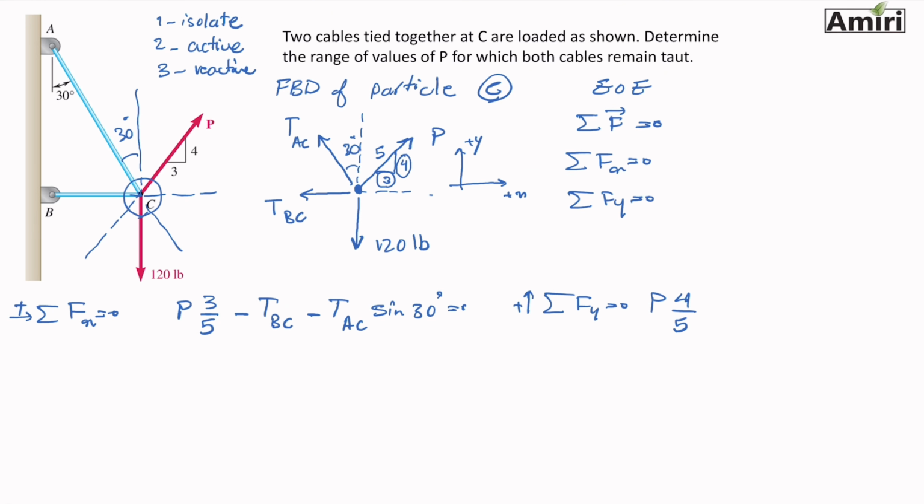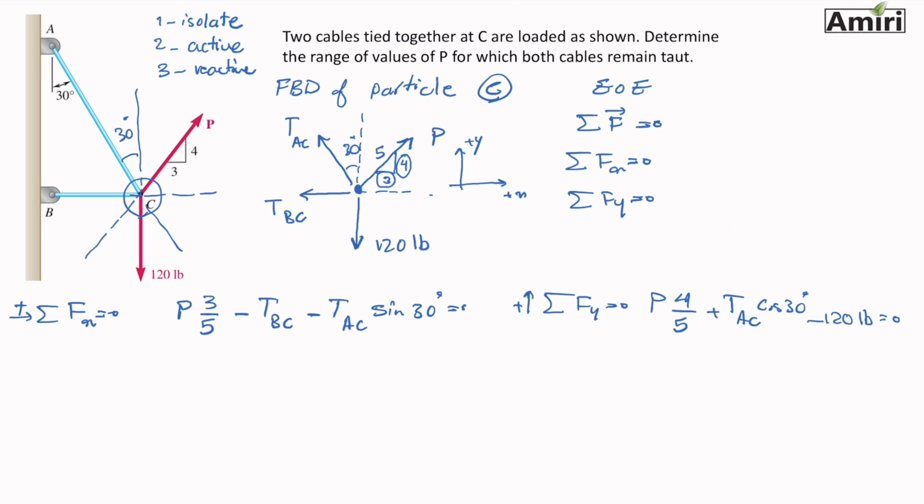TAC has a component in y, and this is going to be cosine 30. TBC doesn't have anything in y, and then minus 120 pounds equals 0. There we go. So these are the only two equations I have. Whole bunch of unknowns, right? P, BC, and AC.